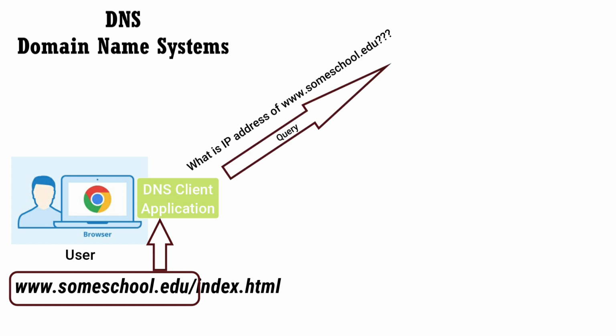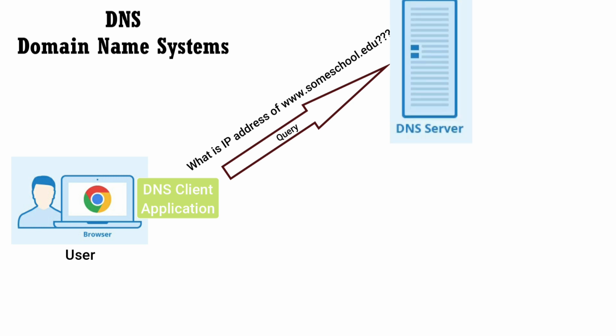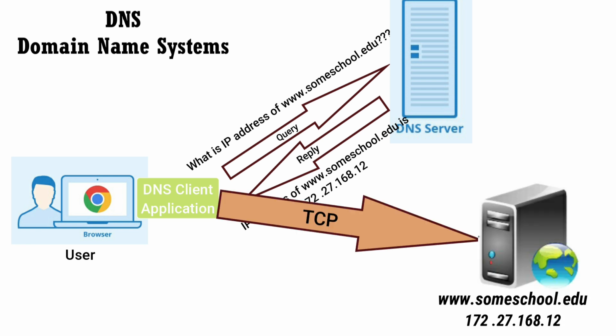Then the DNS client sends a query containing the host name to the DNS server. Then the DNS client eventually receives a reply which includes the IP address for the host name. Once the browser receives the IP address from DNS, it can initiate a TCP connection to the HTTP server process located at the port number at that IP address.